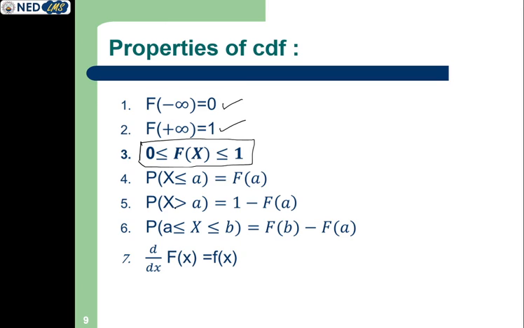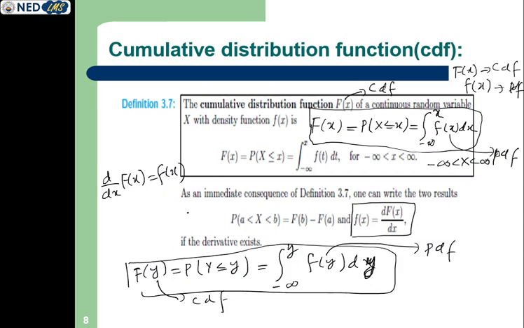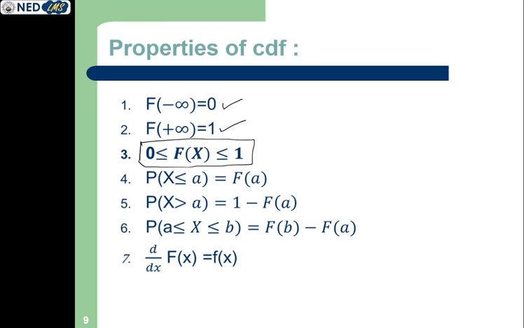Another formula: if you are going to find probability X greater than a, then you cannot find it directly, because we discussed earlier that the CDF is defined to be always in less than or equal to form. So to find probability greater than a, it is 1 minus F of a. Probability X greater than a, we can write as 1 minus probability X less than or equal to a.